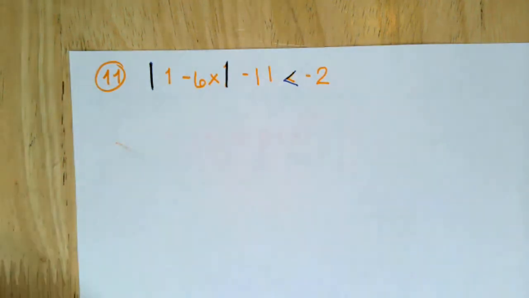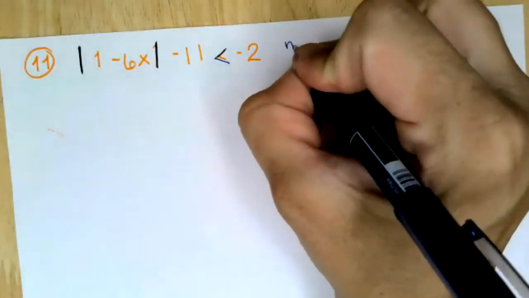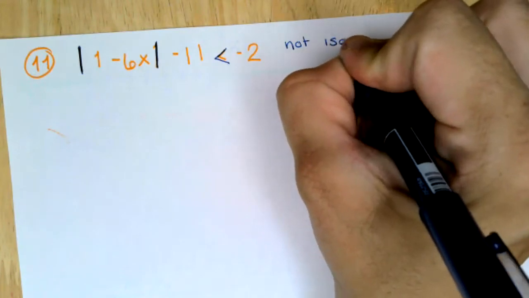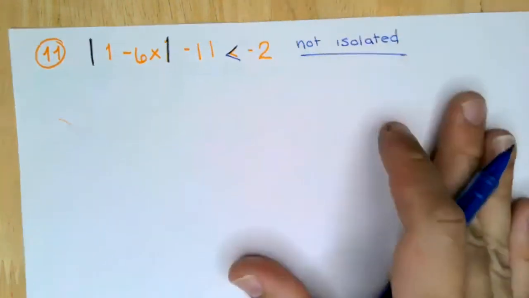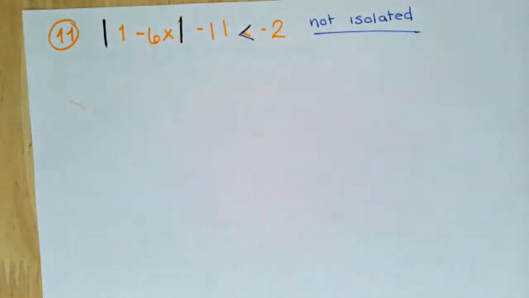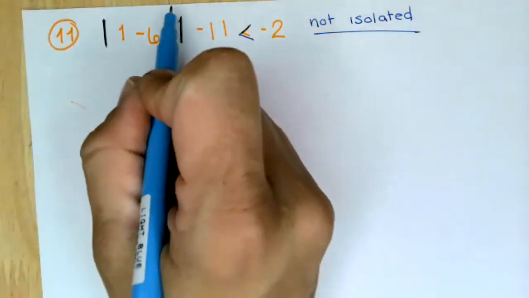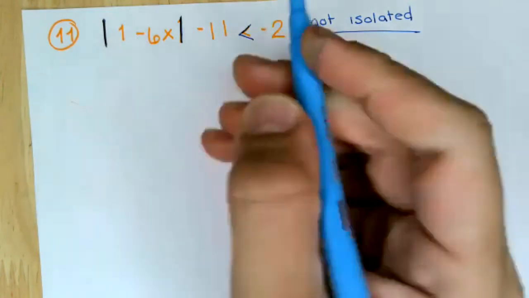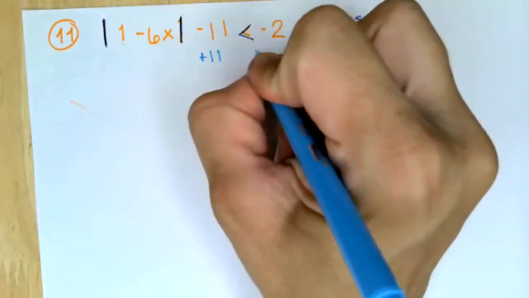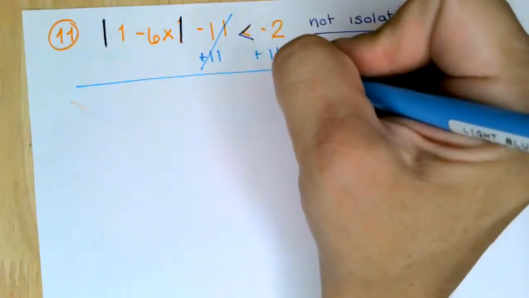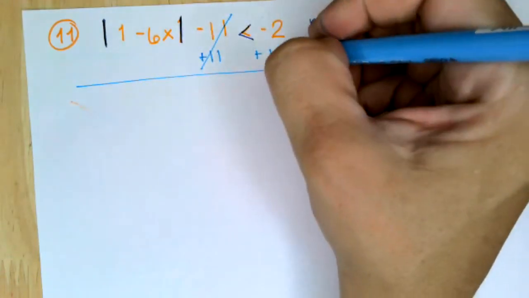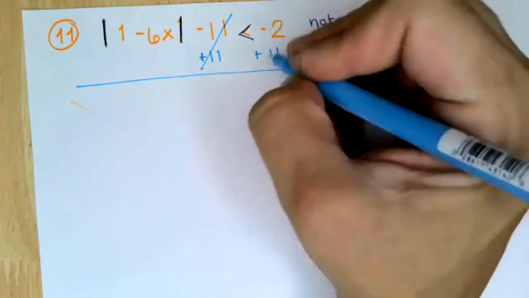So first, this is not isolated, so you want to isolate it. We isolate it by getting rid of everything except this on this side. Add 11. I'm going to put it right under the -2 because they are like terms. So this is the same as 11 minus 2, which is 9.